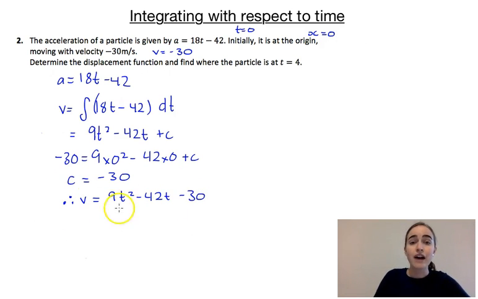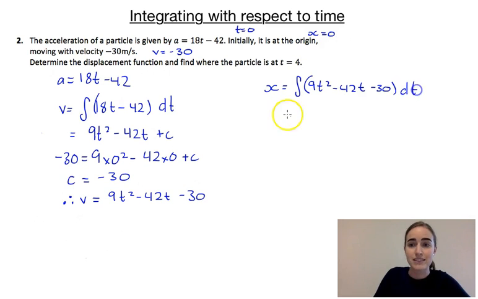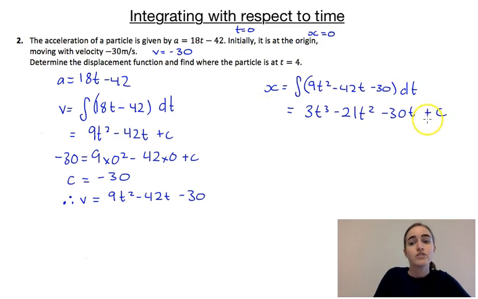So now that we have our velocity function, we can find our displacement function. So x is going to be equal to the integral of 9t squared minus 42t minus 30, and we're integrating that with respect to t. So that's going to give us 3t cubed minus 21t squared minus 30t plus c. So now again, to find this new constant, we're going to use our x equals 0 when t equals 0.